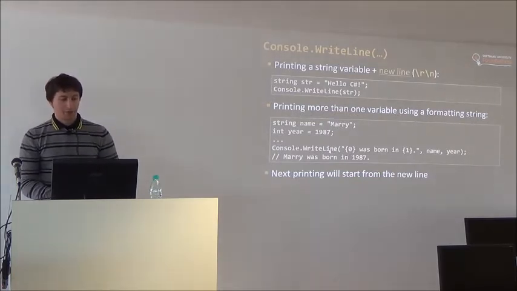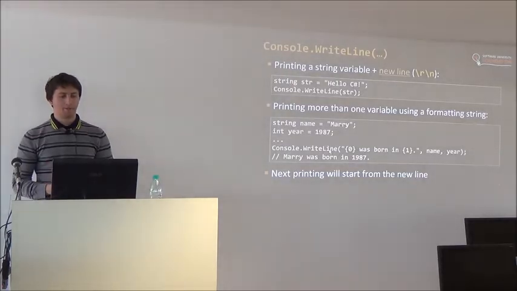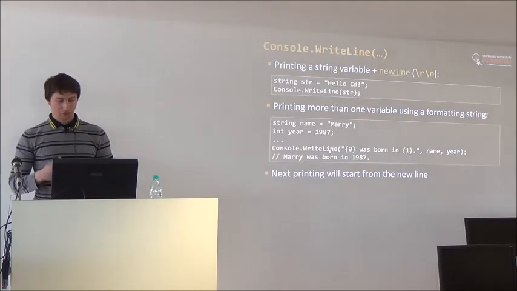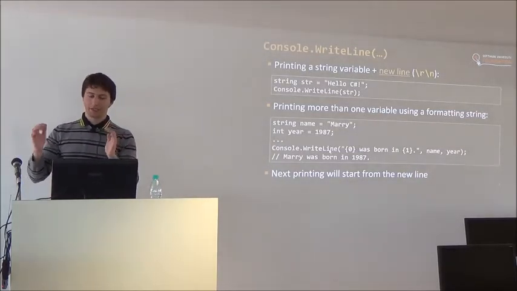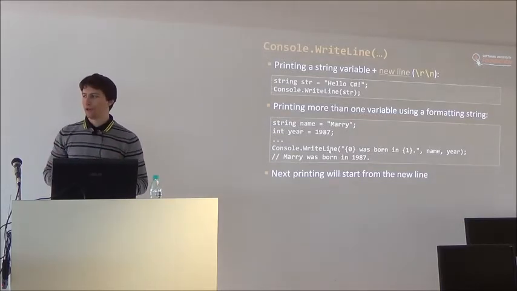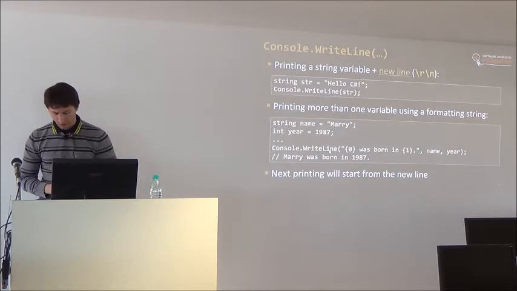Yeah, so printing a string variable plus a new line. That's what I was explaining at the start about the difference between Console.Write and Console.WriteLine. When you use Console.WriteLine, you basically use Console.Write and then add \r\n, which are terminating symbols.